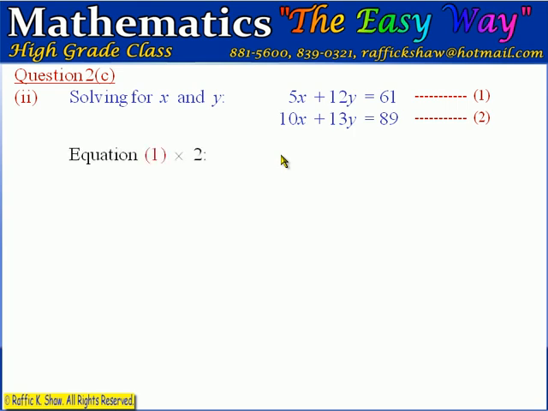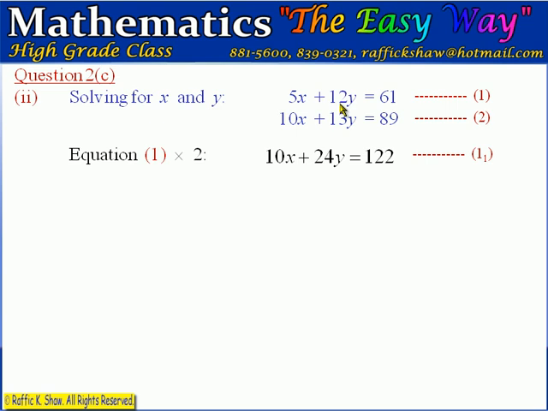And this is it. We are multiplying equation 1 by 2, and when we do that, equation 1 becomes 10x plus 24y equals 122. When we multiply equation 1 by 2, we have to remember to multiply each term by 2. So 5x multiplied by 2 is 10x here.